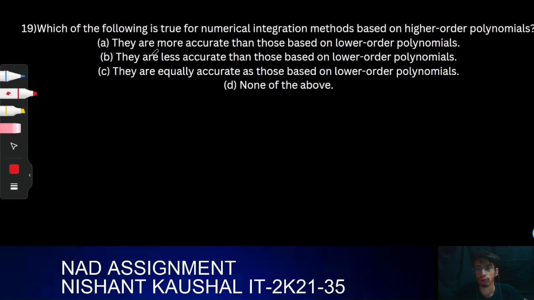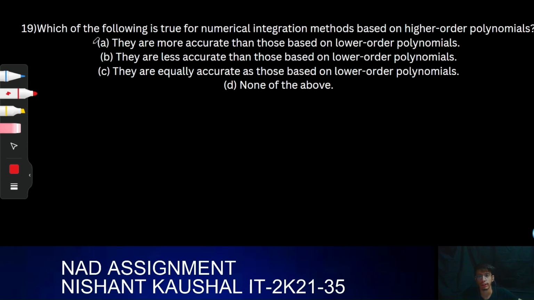Let us proceed to question number 19. Which of the following is true for numerical integration methods based on a higher order polynomial? They are more accurate than those based on a lower order polynomial; they are less accurate; they are equally accurate; or none of the above.